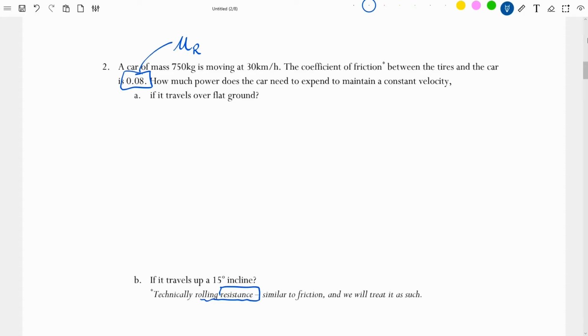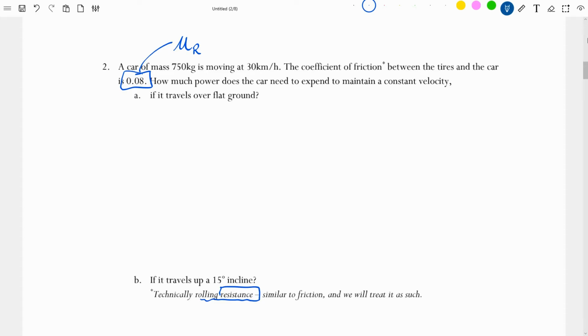When you have a tire that's just rolling along, even without the brakes being applied or anything like that, there is some resistance for that tire to roll. This is especially true if the tire is not magically perfectly circular. And by the way, even a really good car tire is always a little bit flat at the bottom.